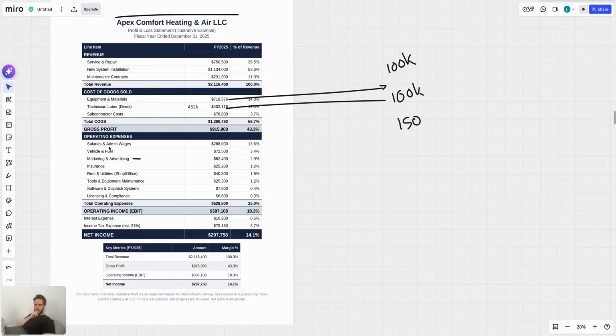Salaries and admin wages. Okay. Now, let's just say all the staff are staying on, so this number is not going to change. How am I thinking? Admin wages could technically be the vendor's wage, but let's just say the vendor's wage is in technician labor.